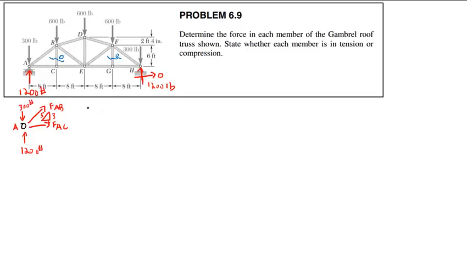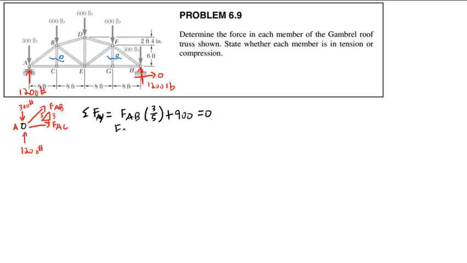So I'm going to do the sum of forces in the y direction first on joint A. Sum of forces on joint A in the y direction. This is going to be FAB times 3 over 5. Let's see, and then these will come to a total of 900 pounds upward, plus 900 pounds equals 0.